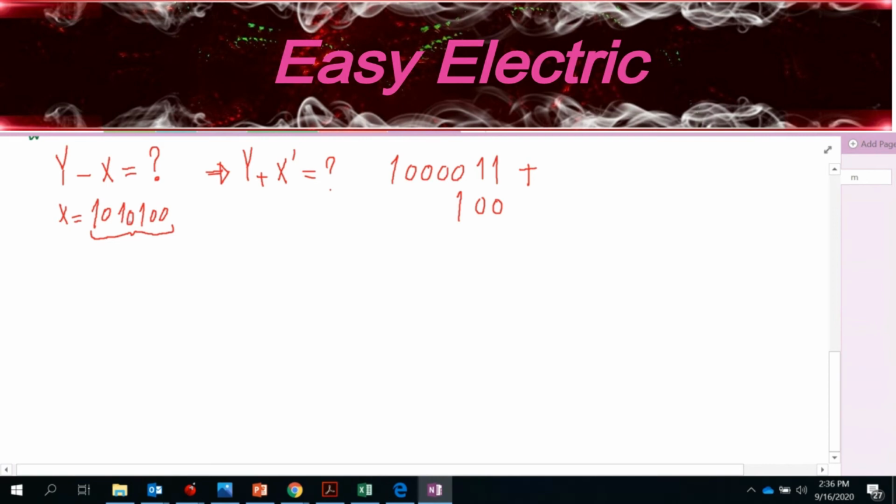If you subtract these numbers from 1, 0 changes to 1, and 1 changes to 0. So that means you will have 0101100. Okay, so it should be this number. So you need to add the y, which is 1101011, with this number, which is the x prime, which is 0101100.